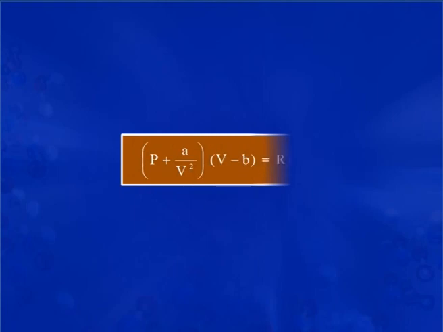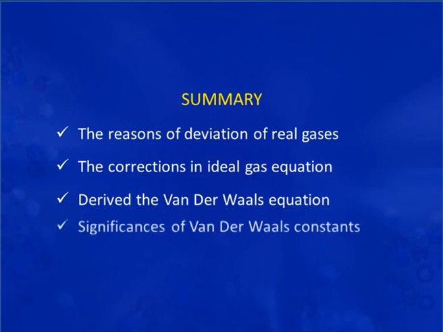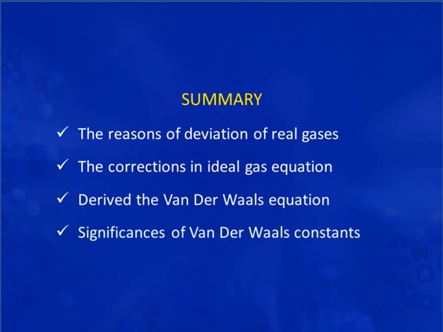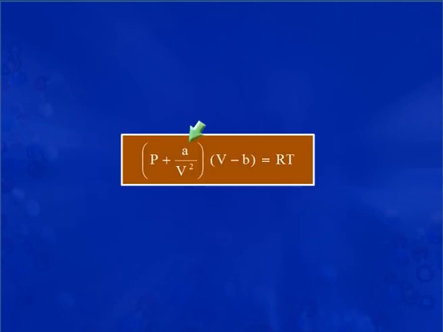Then we did 2 corrections in the ideal gas equation that were suggested by van der Waals, and we derived the van der Waals equation. It was (P plus a by V square) into (V minus b) is equal to R T. After that, we discussed the significance of van der Waals constant A, which is for pressure correction, which directly indicates the force of attraction between the gas molecules.